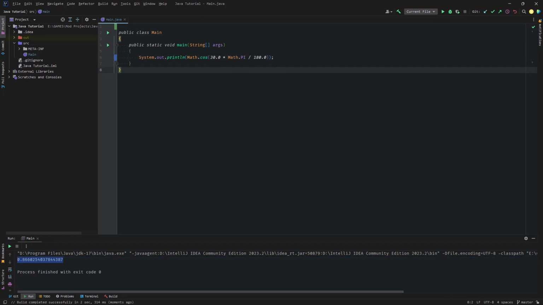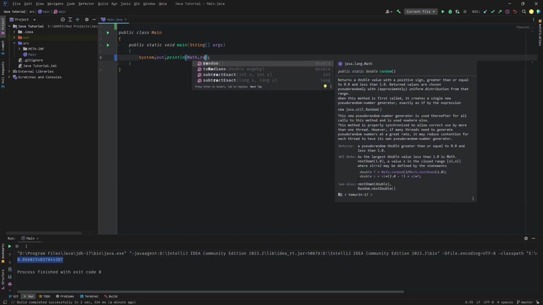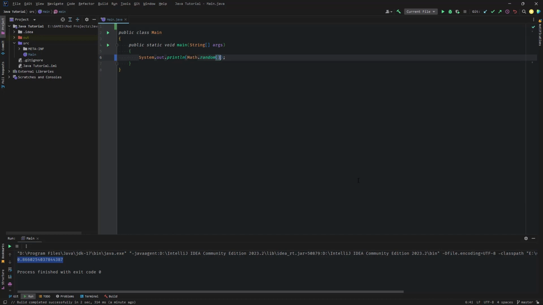Now, other than these mathematical calls, there are tons and tons of math functions that you can take a look at later. However, there's one last thing that I really want to talk about, because this will become handy even if you are a Minecraft developer. So let's say Math dot, and it calls random. Now, random is a random number generator.